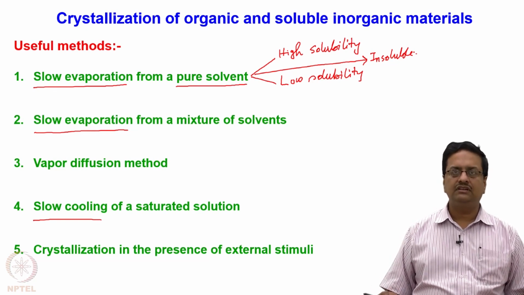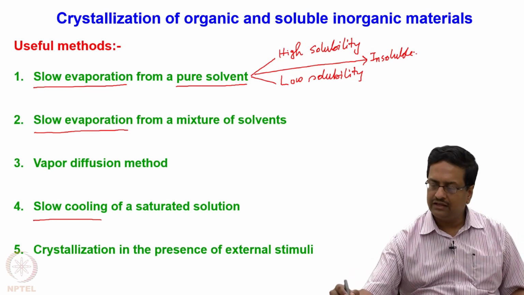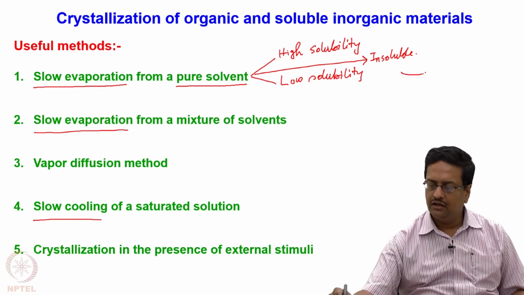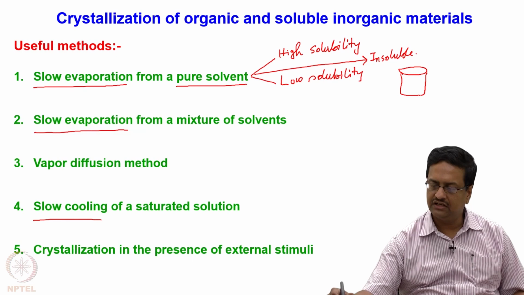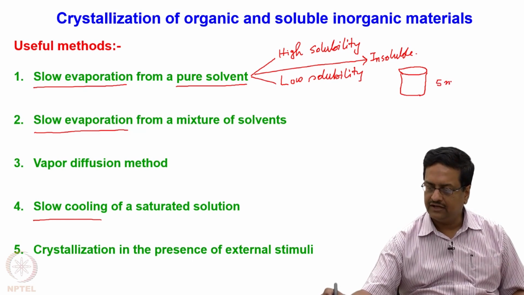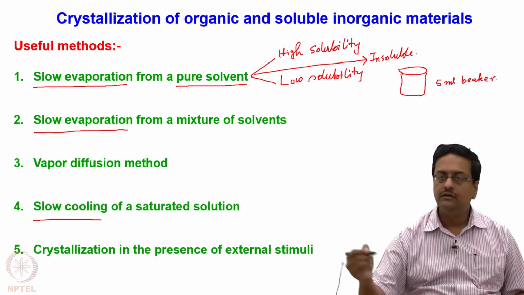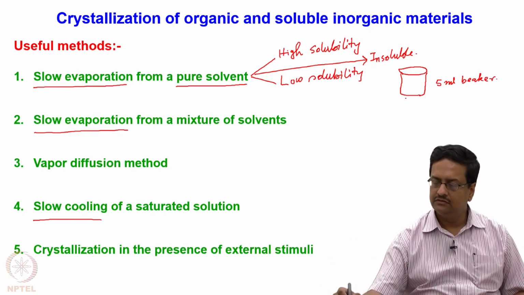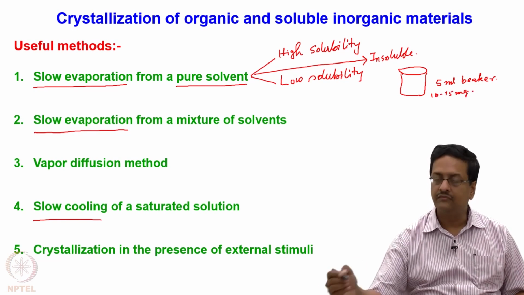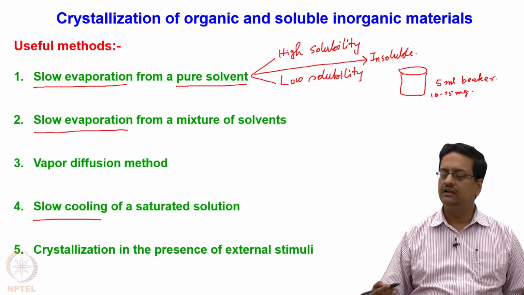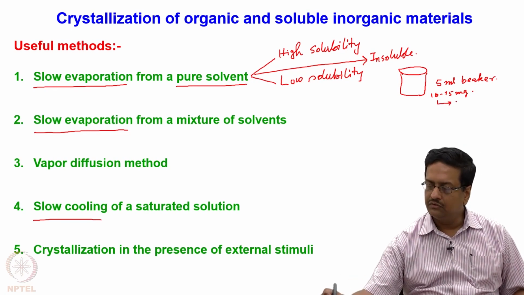So what we try to do is make a saturated solution in a small crystallization vessel. We try to use a very small crystallization beaker, maybe a 5 ml beaker. In that we take 10 to 15 mg of the product if it is soluble in about 2 ml of solvent.